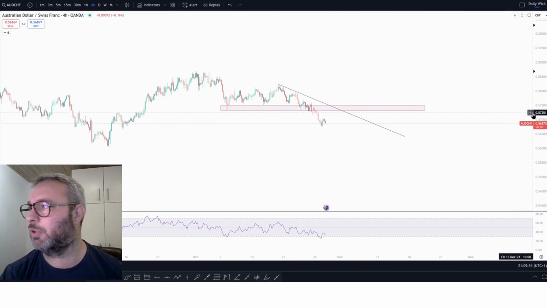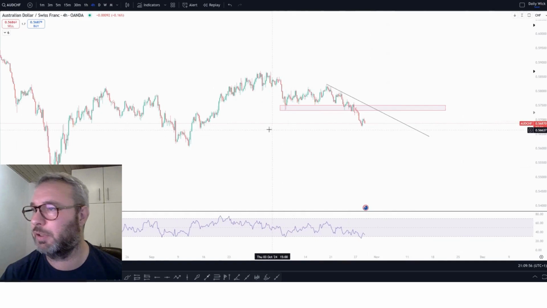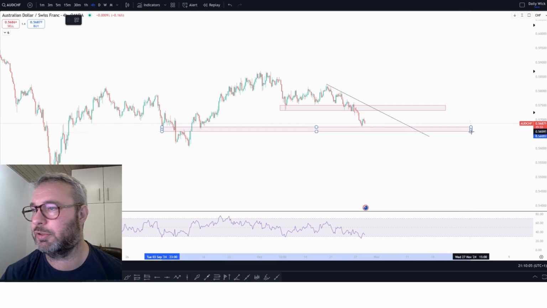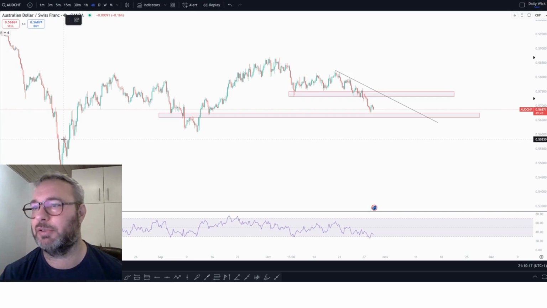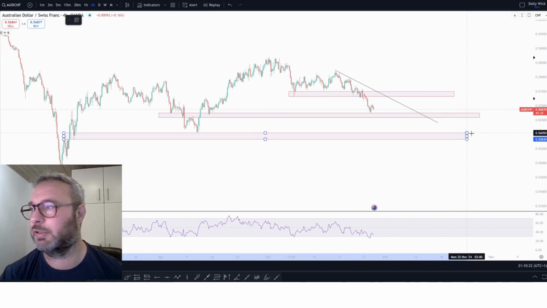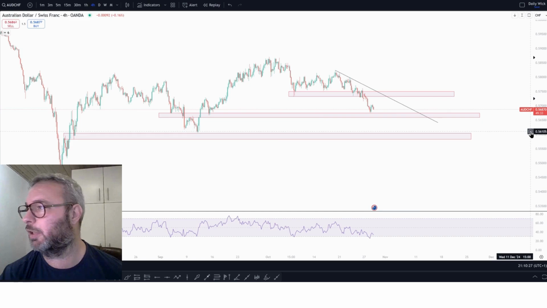So here we put an alert. And let's use this here as support. See here, rejection here, rejection here, rejection here. And the next support is down here, and there we put an alert.